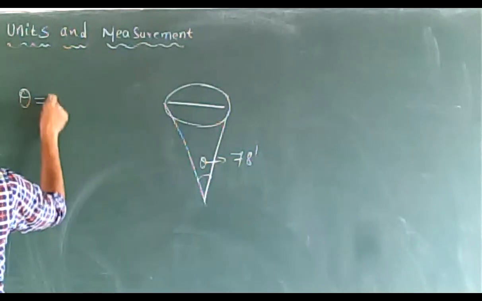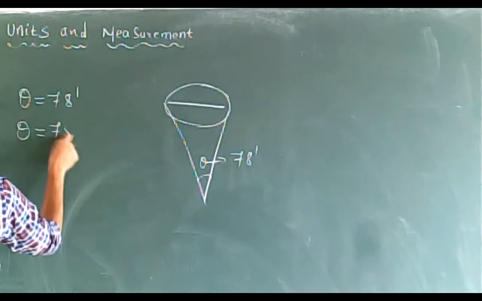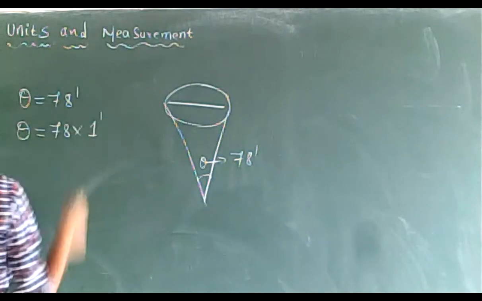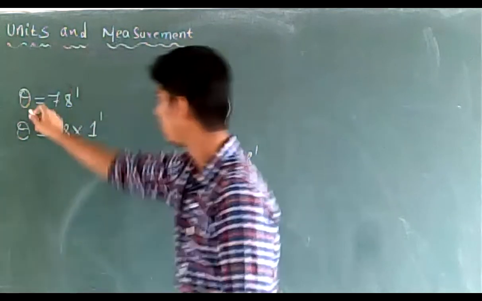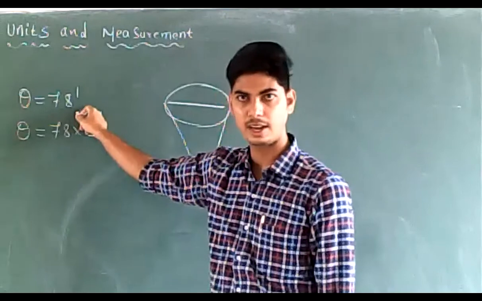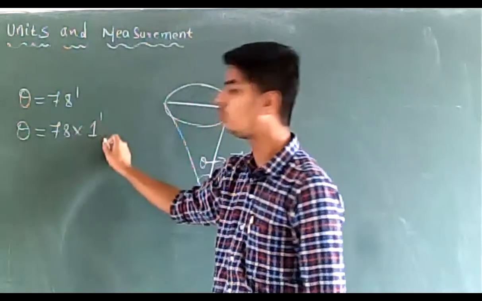This is just an example. In that case the parallax angle is 78 minutes. This is how you need to solve it. Theta is equal to 78 minutes, which is the data given. You write theta is equal to 78 into 1 minute.